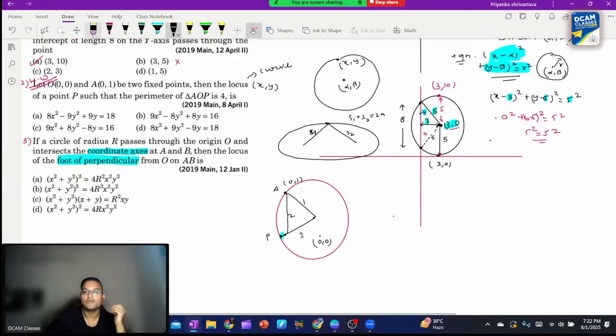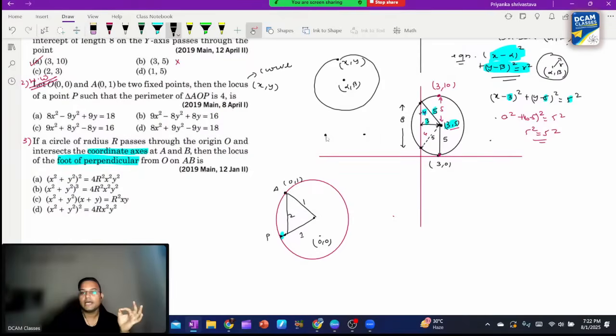Later you will learn. The other thing is, if you have 2 nails here and 1 thread attached to them, stretch it totally, tight, and then try to move this point, it will make an ellipse.